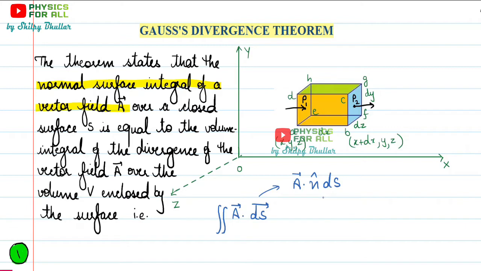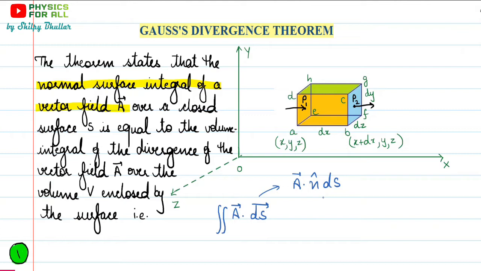So if S is the surface, n cap is the unit vector perpendicular to that surface, because for a surface we already have two dimensions available, but n cap gives us the idea of the third dimension, the height factor.